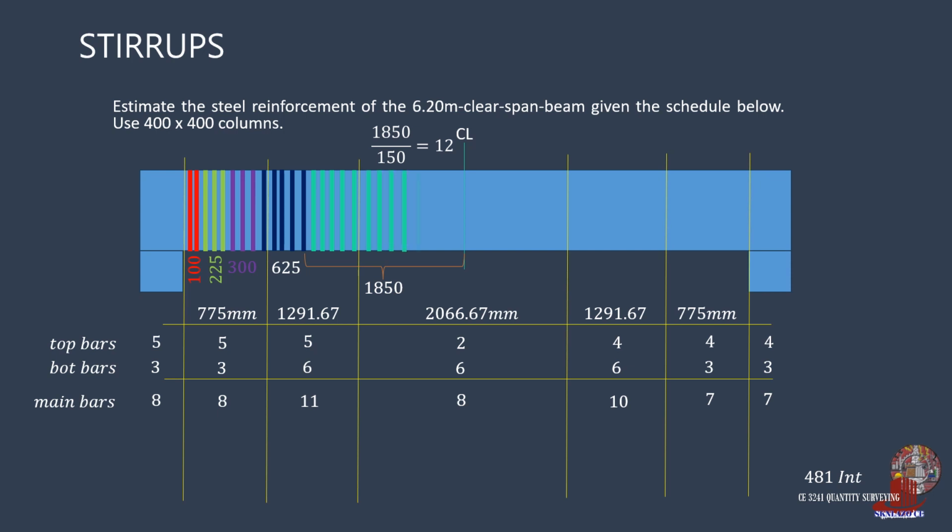Now check for the remaining space. 12 times 150 is 1.8 meters, which leaves 50 mm to the center line. If this is mirrored, making the length 100 mm, it is still less than the maximum spacing of 150, so no need to add any other stirrup.